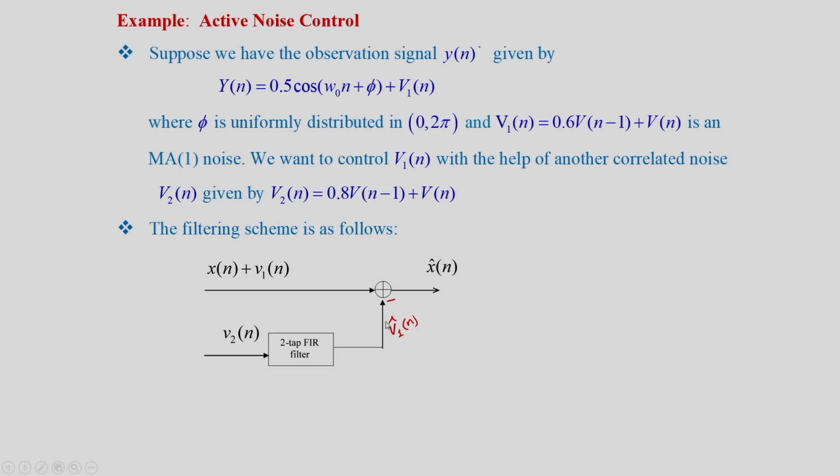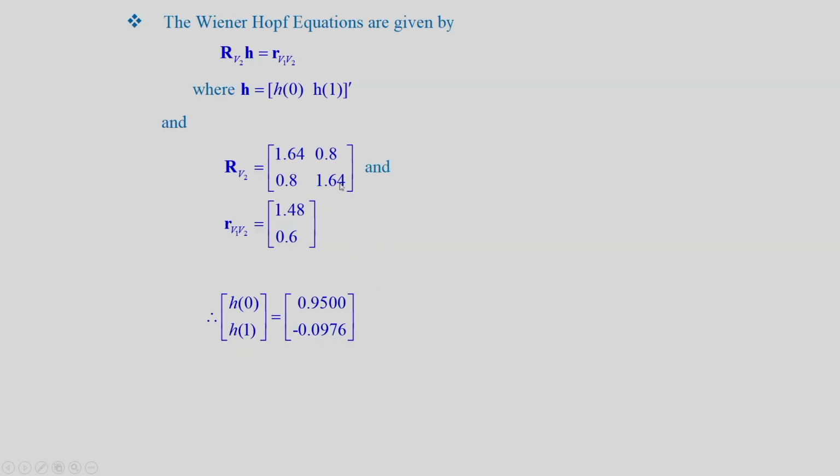So, this is the filtering scheme, and we can find the Wiener-Hopf equations, given by R_v2 into S, that is the autocorrelation matrix of v2 into S, equal to the cross correlation vector r_v1v2, where S is the two-length filter, the vector composed of h0 and h1.